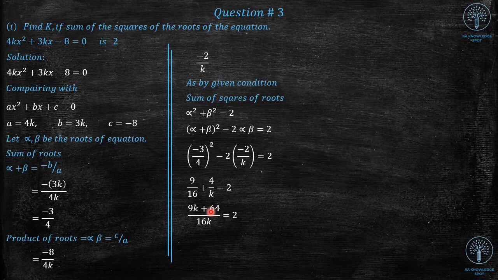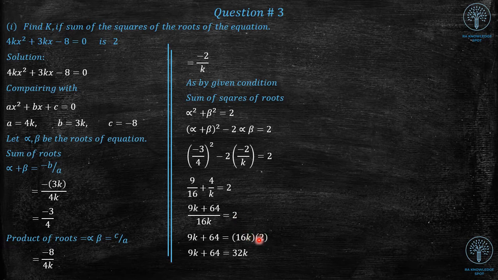Okay, now as you know these are two fractions, you have to take the LCM, that is 16k, because the denominators are not the same. Now you have to multiply in the cross form, that is 8k, 9k and 16 4s are 64. Then 16k is multiplied, divided, and there it will be multiplied.